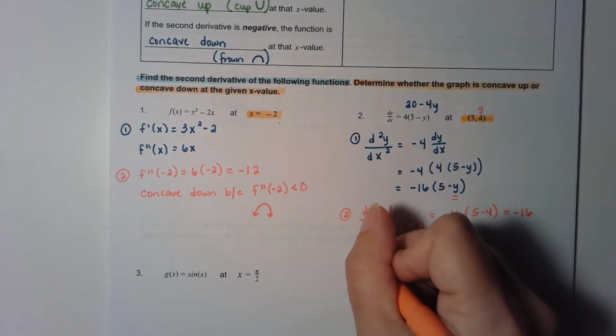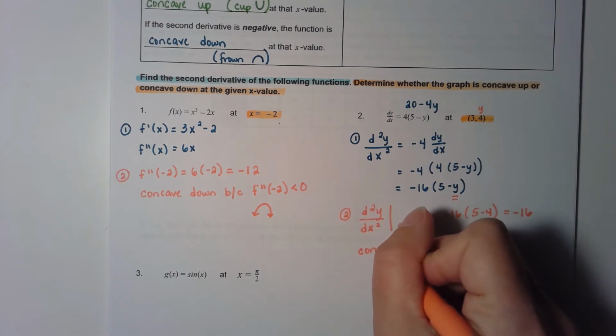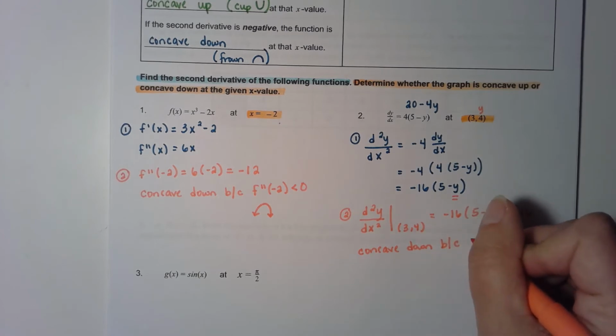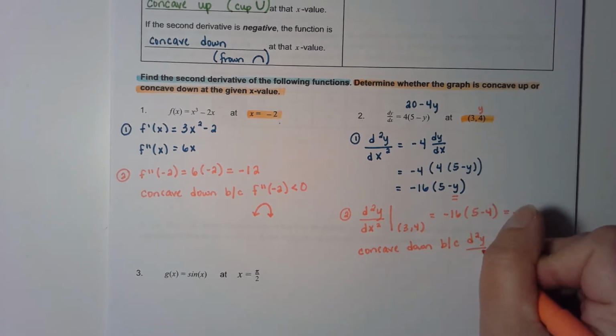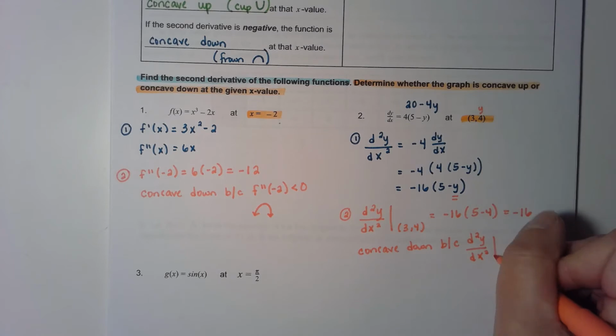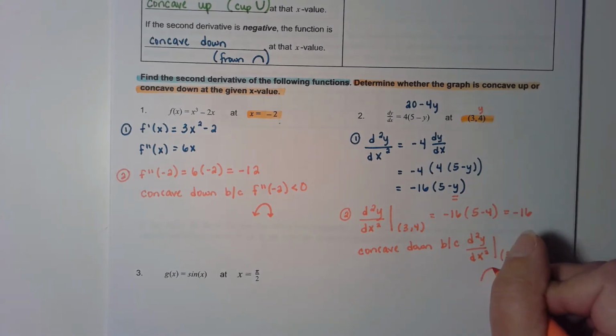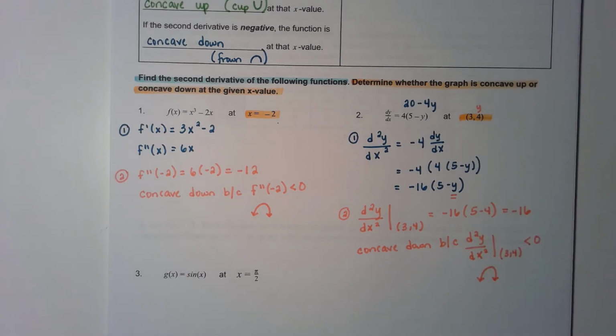Since this is a negative number, I would say concave down because the second derivative evaluated at 3 comma 4 is less than 0, and again, that means it's going to look like a frown.